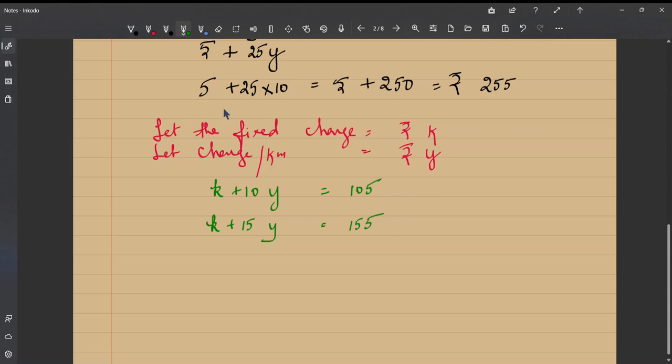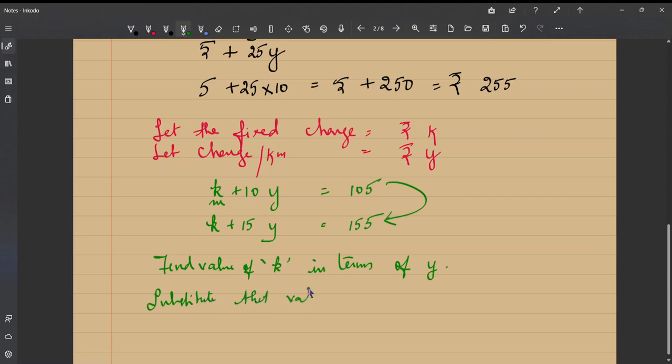Now we can proceed like I did before. I think you can do it on your own. You just find the value of K in terms of y and substitute that value of K in your second equation and solve for y, right? These are your steps which you have to follow. Find value of K in terms of y. Substitute that value in the other equation.